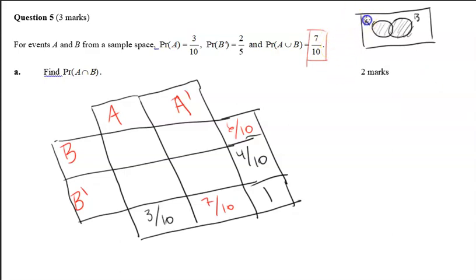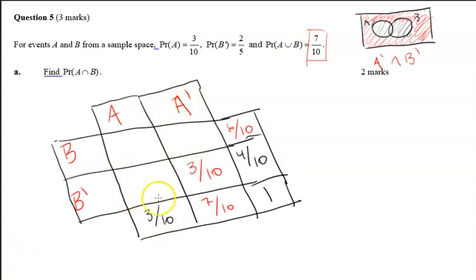Meaning that the outside, which is this part here, must add up to 1. So that's 7 over 10 plus whatever this is here must add up to 1. The outside is A dash and B dash, which is 3 over 10, because 7 over 10 plus 3 over 10 is equal to the 1.